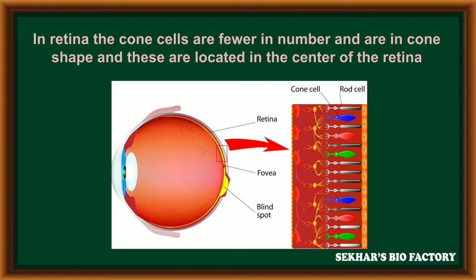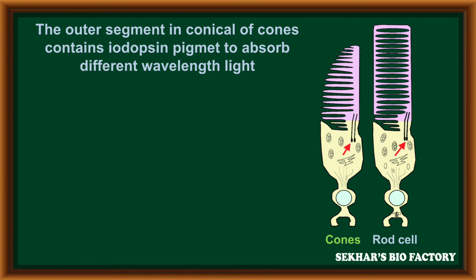In the retina, the cone cells are few in number, and these are cone in shape, and located at the center of the retina. The outer segment in conical shape of cone cells consists of a pigment called iodopsin, and this iodopsin helps to absorb different wavelength light.